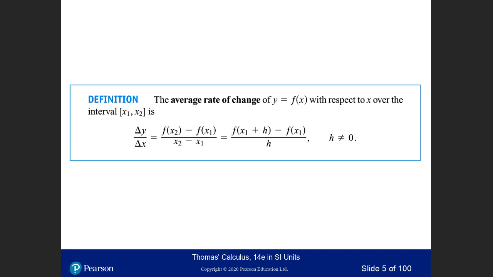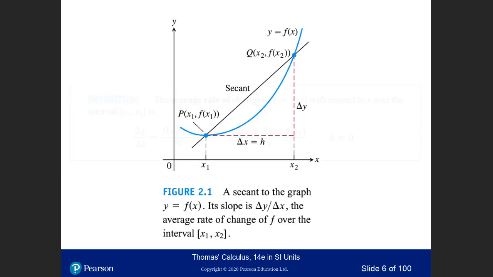So this gives you the average rate of change of this function over this interval. So what we have given as an example can be applied to functions like y equal to f of x.